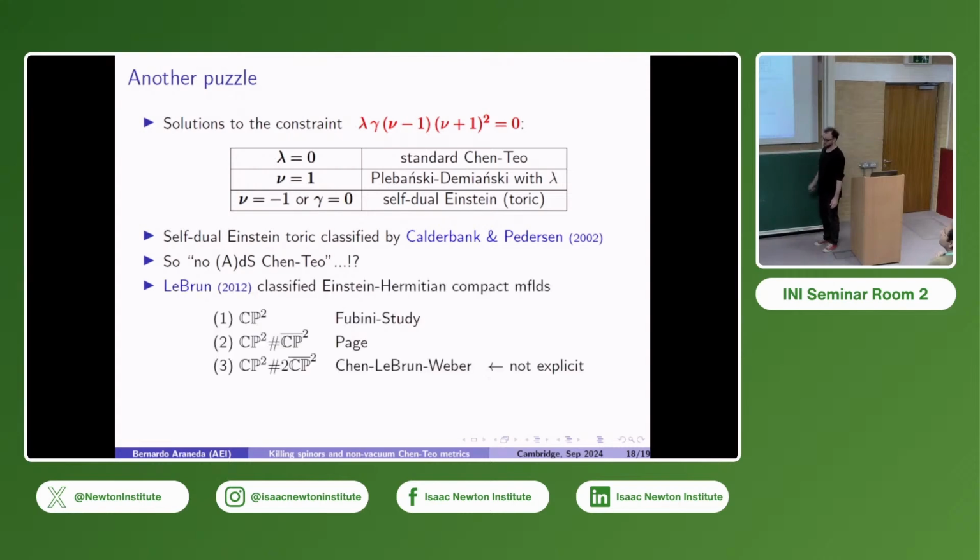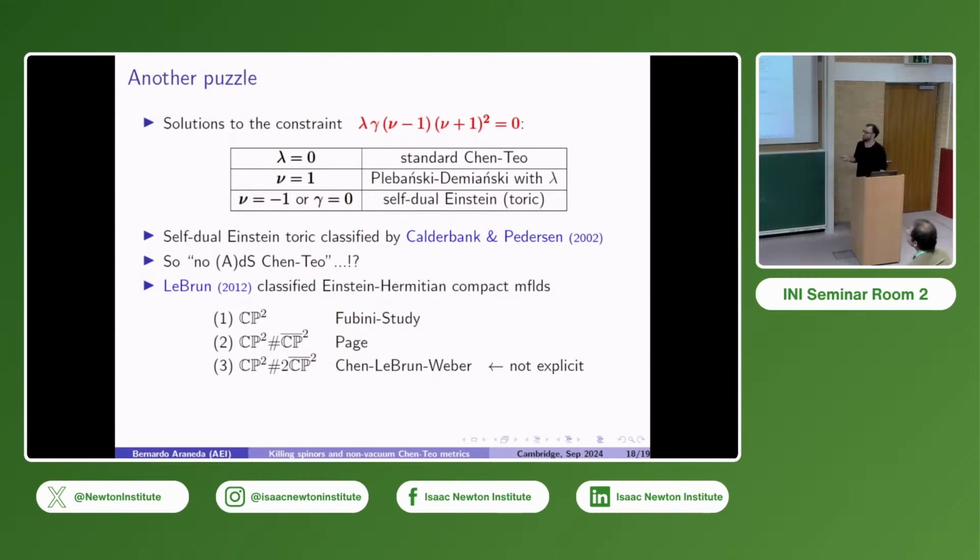And one puzzle for me is that if you look at the compact case, LeBrun actually classified all Einstein-Hermitian compact manifolds. Einstein-Hermitian in this context is the same as the assumptions I'm making, Killing spinor and Killing field and so on. But he also assumed compactness.